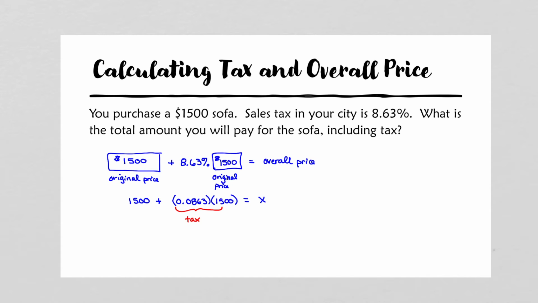Let's pull out a calculator and let's calculate that tax. 0.0863 multiplied by 1,500. That tells me that the tax on this $1,500 sofa is $129.45.